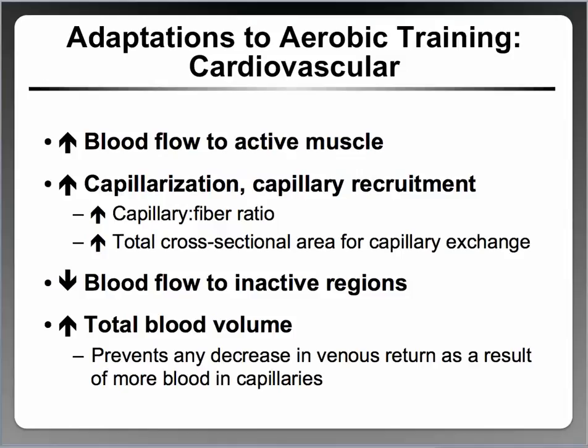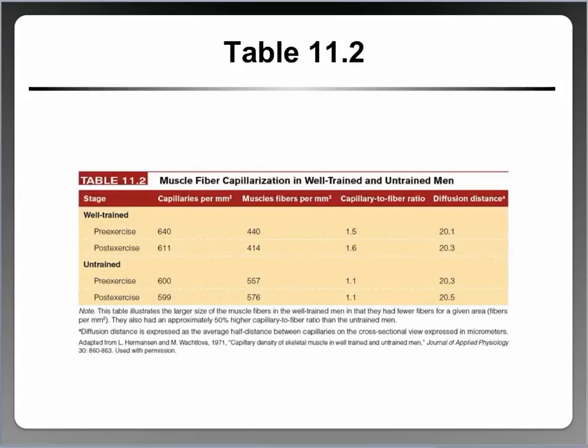So to get the greater blood flow there, one of the things that happens is that you increase the amount of capillarization, or increase just the number of capillaries that are available. And this is a table that your textbook uses to drive home that point.